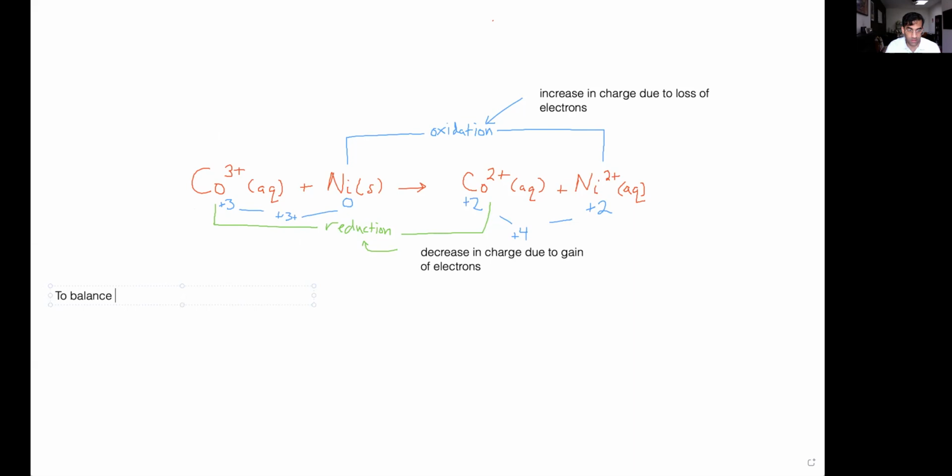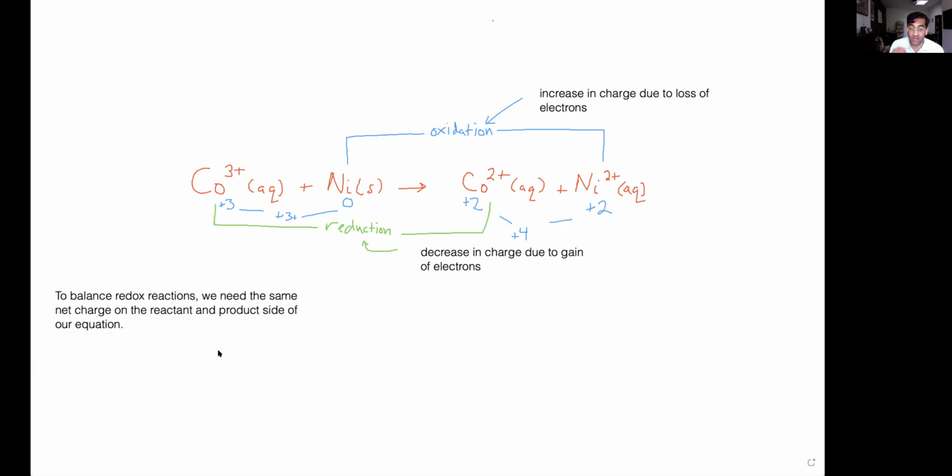To balance redox reactions, we need the same net charge on the reactant and product side of our equation. All right, that is our first principle.